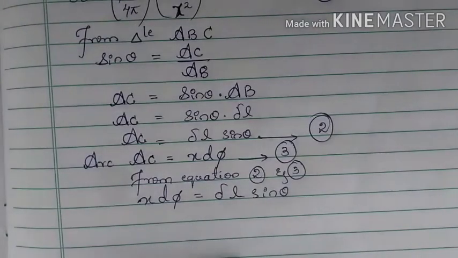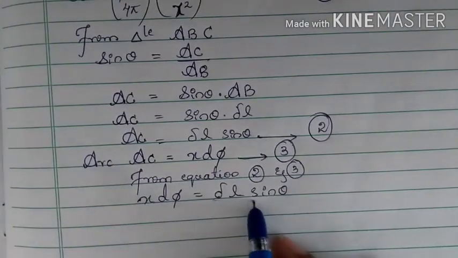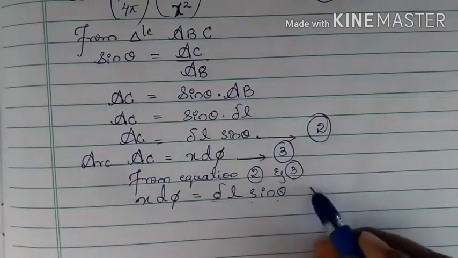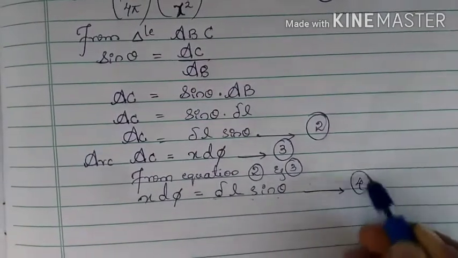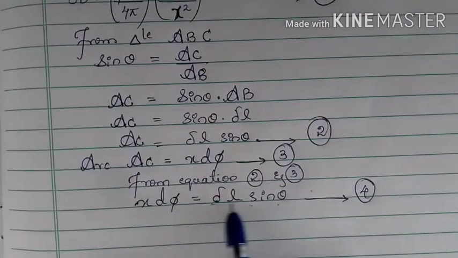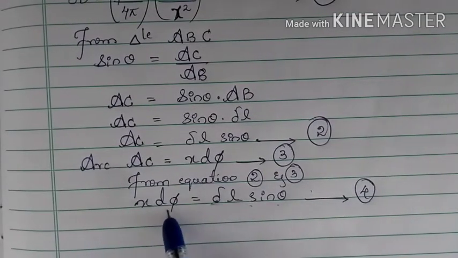So here we got to know that delta L sin theta is equal to x d phi. Let us call this equation number 4. So equation number 4 is delta L sin theta is equal to x d phi.